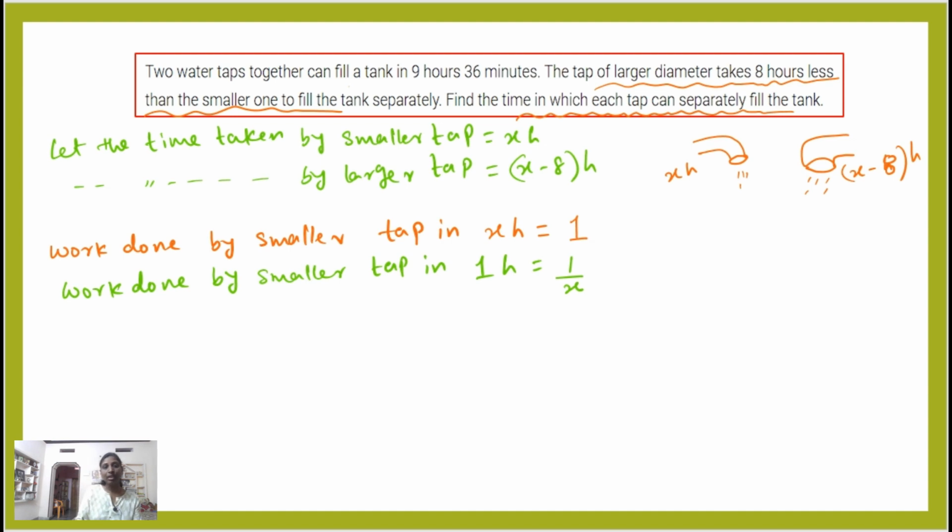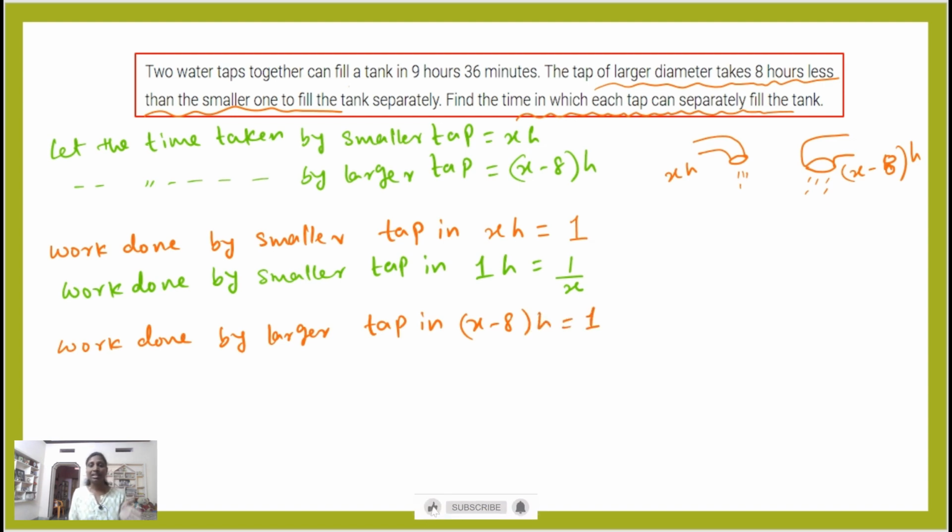Now work done by the larger tap in x minus 8 hours is equal to 1. Similarly, the larger tap can fill the tank completely in x minus 8 hours.